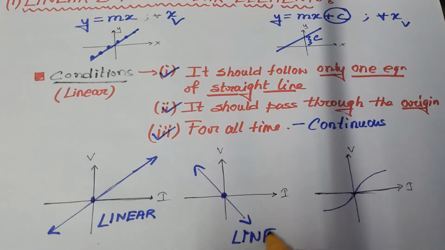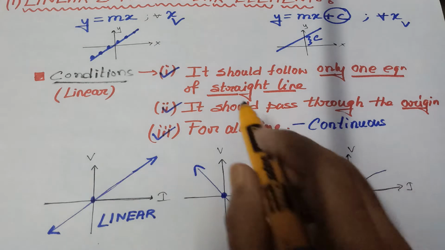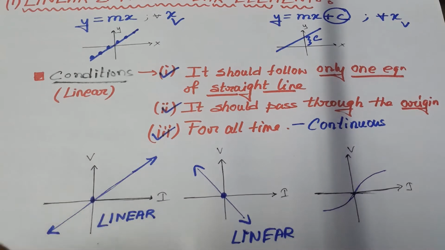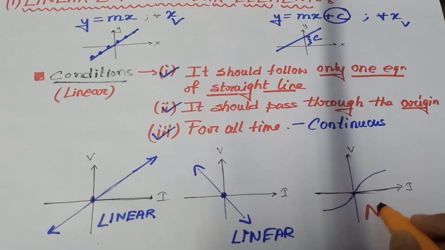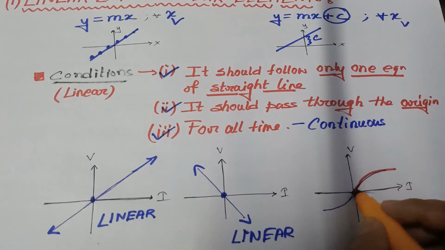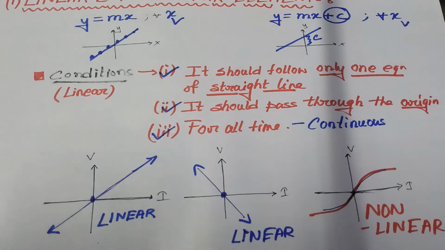See the third example, it is not following any equation of a straight line, so no need to check the other two conditions. From the first condition only we can say it is non-linear, because it is curved like this. It is not a straight line, so it is non-linear.